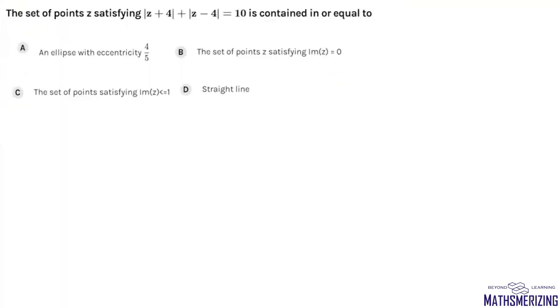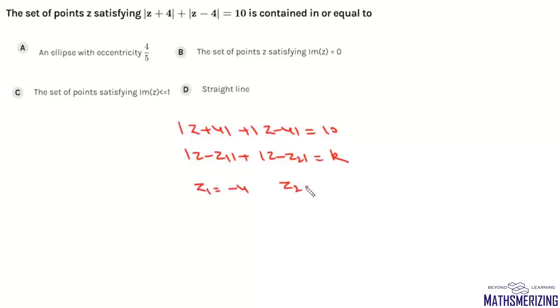Now let us take a problem. It says the set of points Z satisfying mod of Z plus 4 plus mod of Z minus 4 equals 10 will represent which of the following loci. This equation is mod of Z minus Z1 plus mod of Z minus Z2 equal to k. In this case, Z1 is minus 4, Z2 is 4, and 2a is 10.